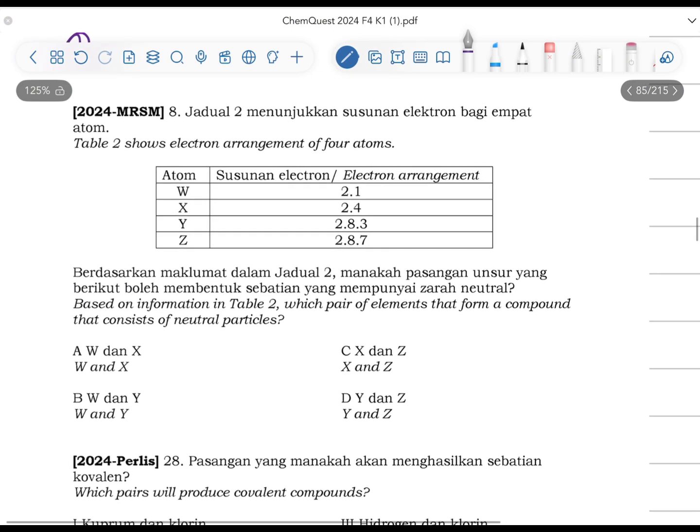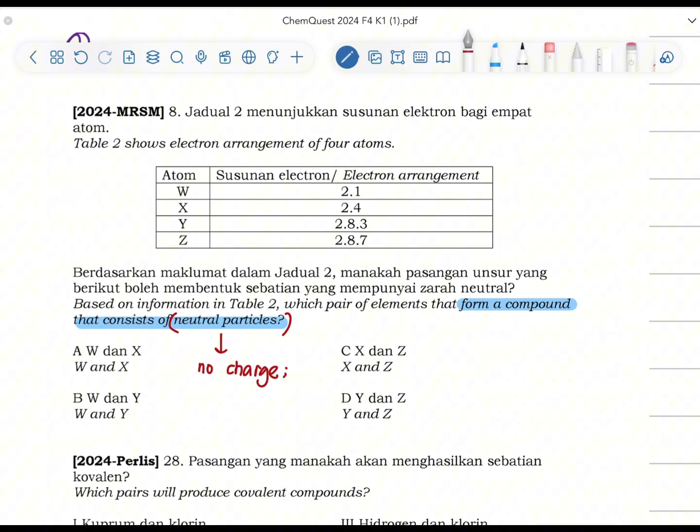Okay, next question. Table 2 shows the electron arrangement of 4 atoms. Based on the information in Table 2, which pair of atoms form a compound that consists of neutral particles? The keywords are neutral particles, which means it has no charge. A chemical compound that has no charge is a covalent compound.